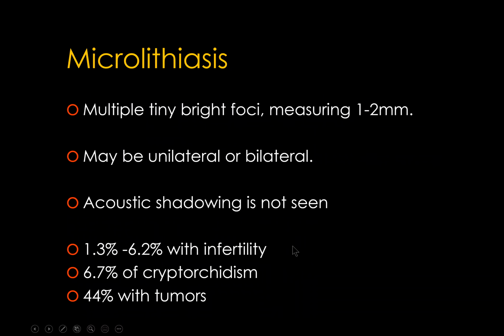Testicular microlithiasis is described as the appearance of multiple tiny bright foci measuring 1 to 2 millimeters in diameter, which might be unilateral or bilateral. Acoustic shadowing is not usually seen because of the small size of the calcification.